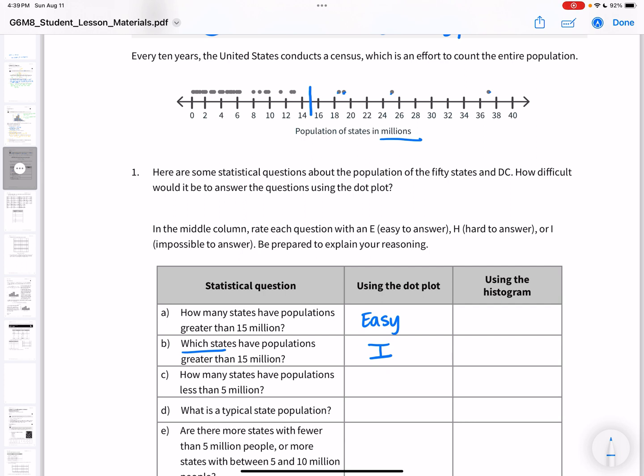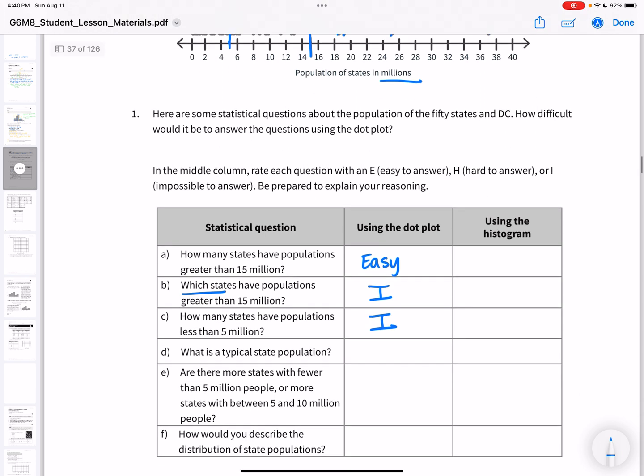C, how many states have populations less than 5 million? Look, this is our 5 million mark, but because the dots are so close together, this is an impossible task. We can't see them. We might have dots on top of each other.